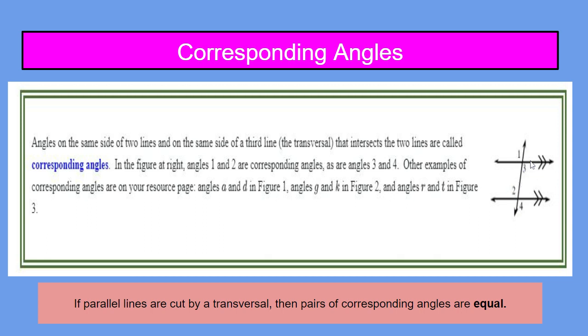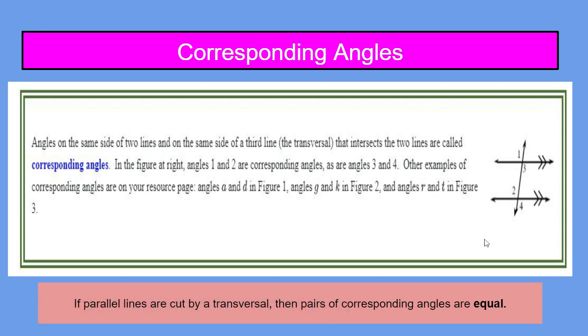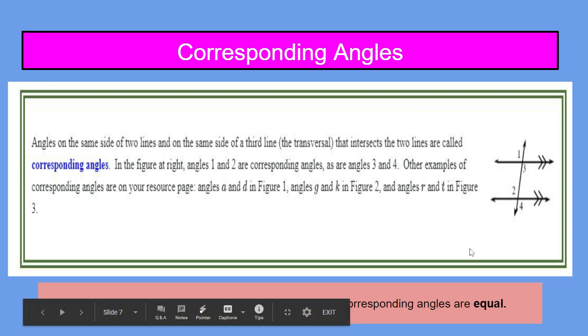All 4 of these angle measures are the same, okay, which means the other 4 that aren't listed here are also the same. So in any given situation when we have 2 parallel lines cut by a transversal, we're really only dealing with 2 different angle measures at the most, unless the transversal is perpendicular to the parallel lines, then all 8 of the angles would actually be the same.